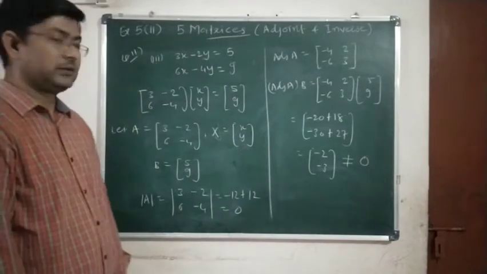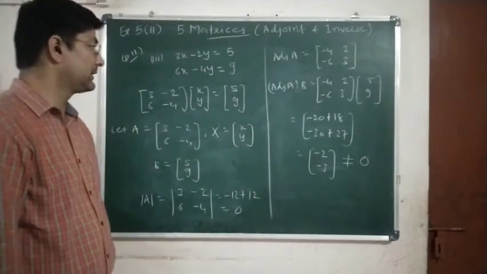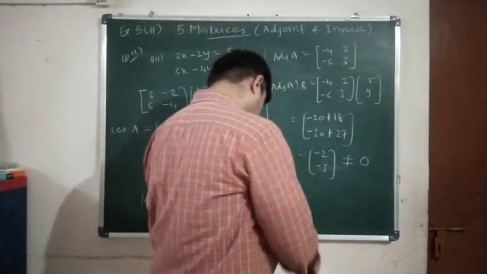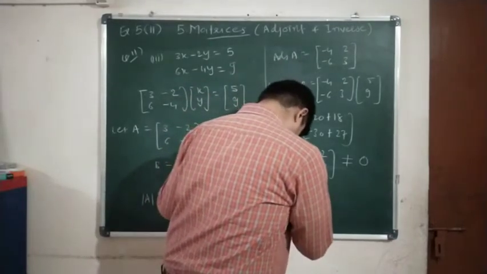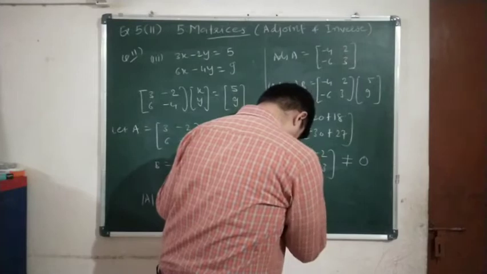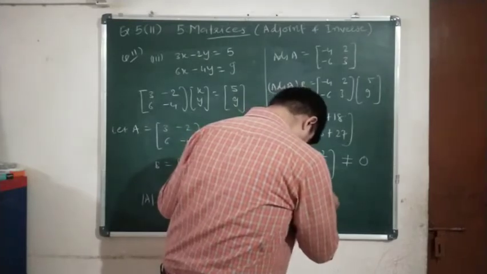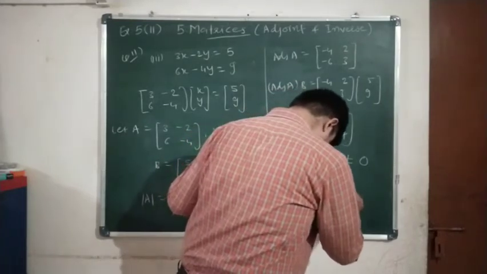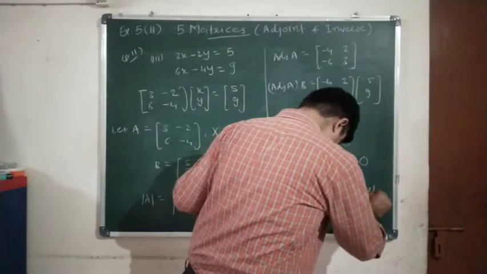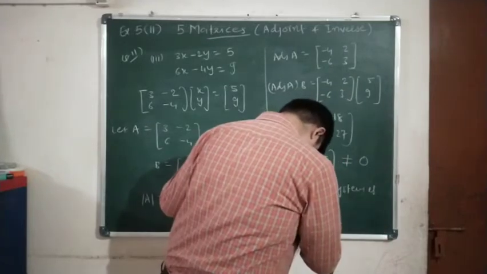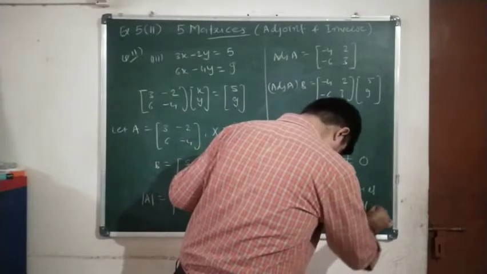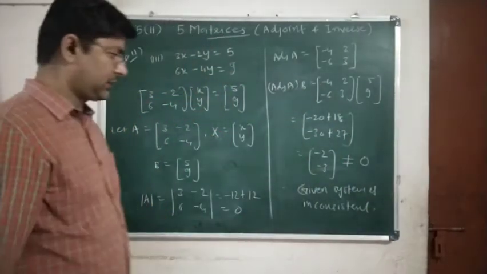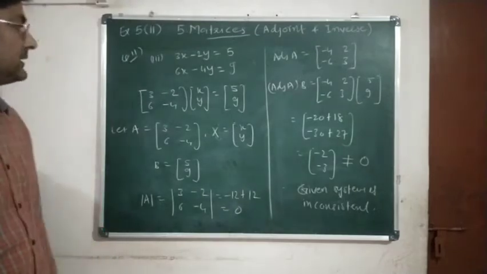Clear? This is not equal to the null matrix, and therefore we can say that the given system is inconsistent. Therefore the given system of equations is inconsistent.